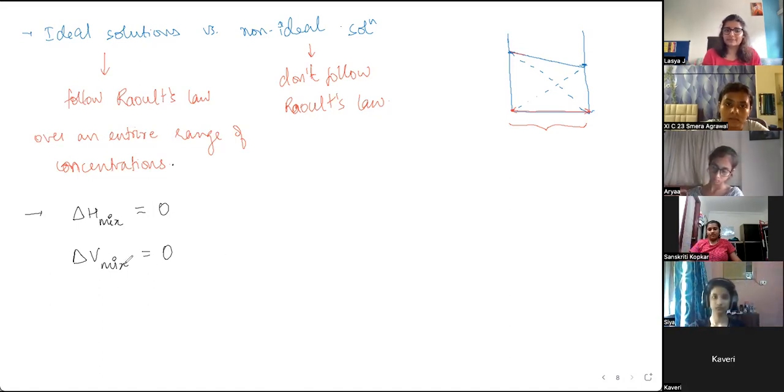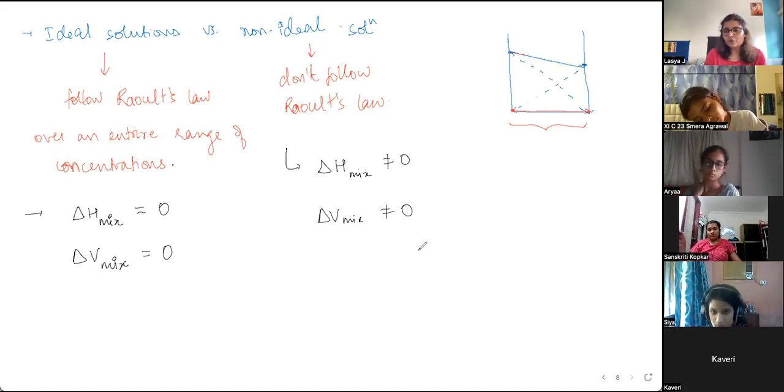So delta V of the mixture should be 0, and delta H of the mixture should also be 0. Okay. And when it comes to non-ideal solutions, it's been observed that they are exothermic or endothermic. So delta H of mixture is not equal to 0, and delta V of the mixture is not equal to 0.